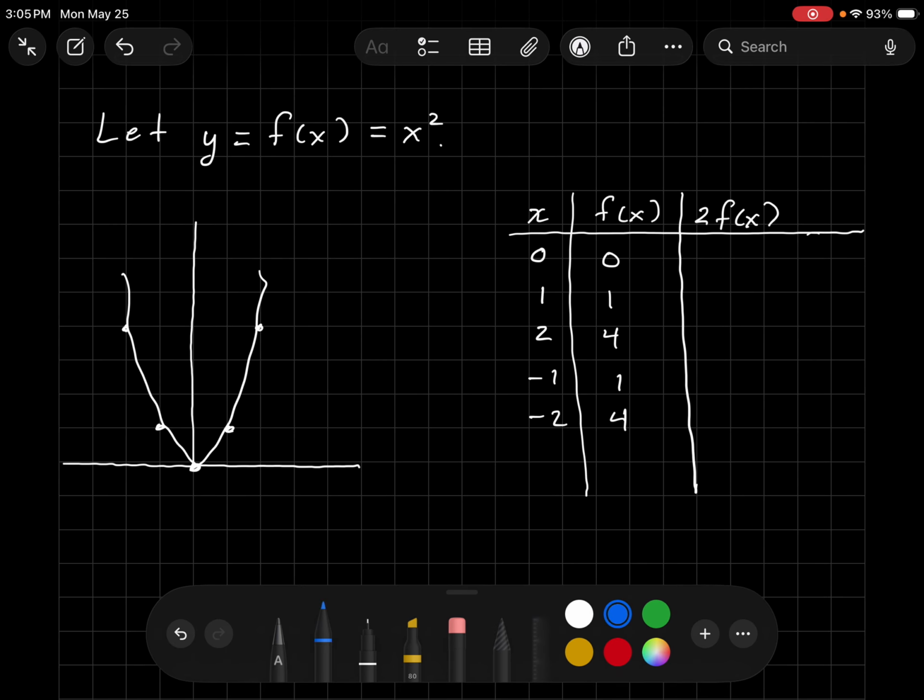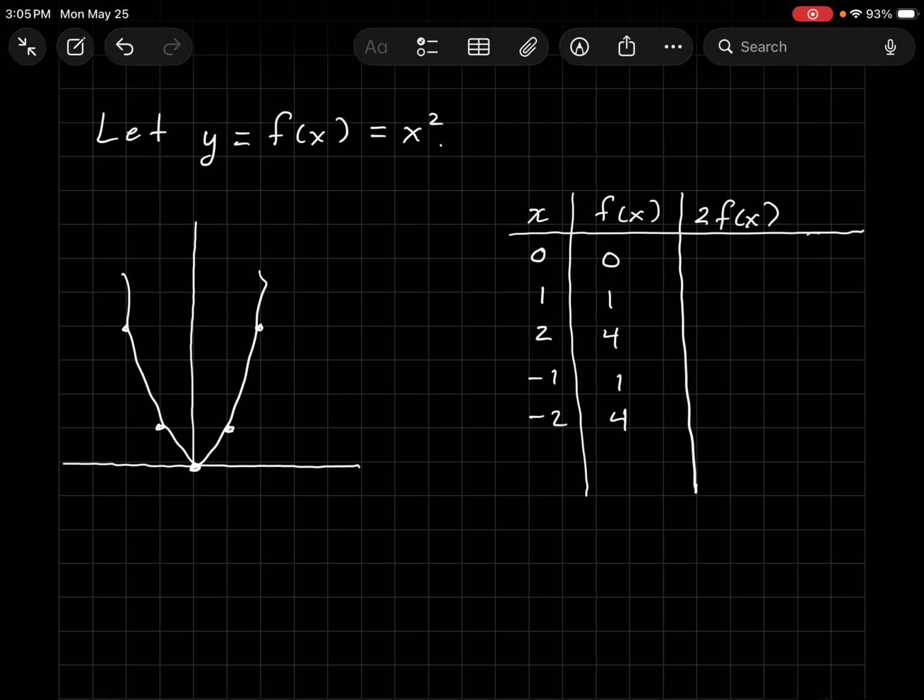So let's change the color on that. So when x is 0 and y is 0, 2 f of x is 2 times y, or still 0. And then x is 1, y is 1. So 2 times our y is 2, etc.